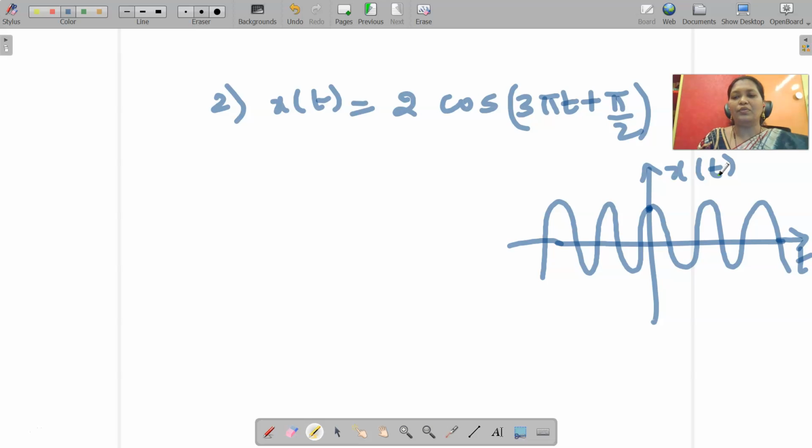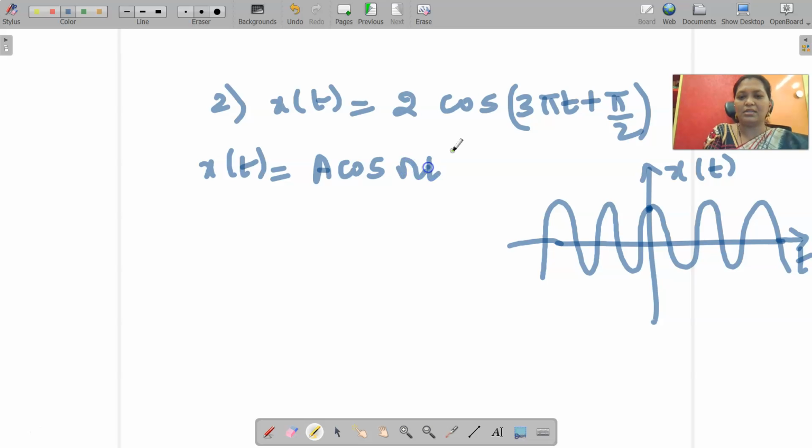Then how to find out the fundamental time period? Again we have to compare with the general notation, which is A cos omega t. Whenever there is a phase shift, sometimes it will be there also, like this. No need to consider the phase shift here.